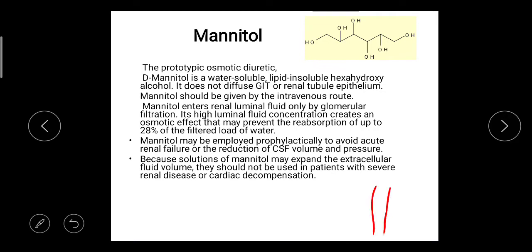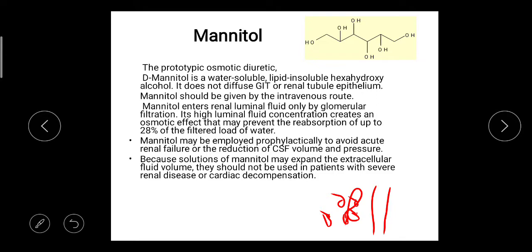here. The tubular epithelial cell, here the renal tubular fluid: more numbers of mannitol come into the renal tubular fluid, and at this position, the renal tubular fluid, the concentration increases, and because of that concentration it creates the osmotic pressure.